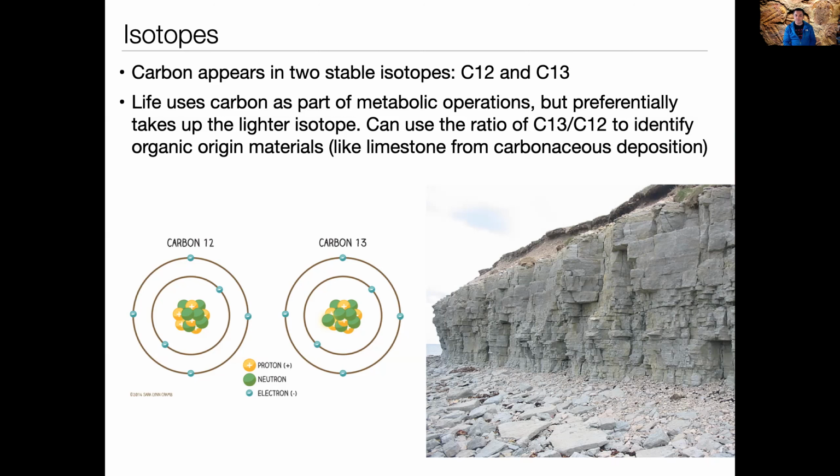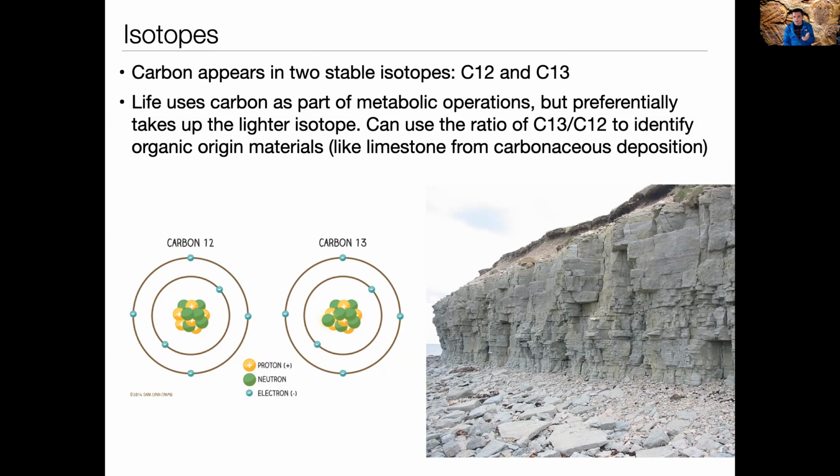So carbon-14 will slowly decay because of the extra neutron, but carbon-13 has one less neutron than carbon-14, and it's stable. Now life, when it's doing its life stuff, is gathering raw materials, gathering carbon, and building copies of itself, and it preferentially keeps the lighter carbon. When it's breaking up raw materials, if it can tell the difference between the heavy one and the light one, it preferentially keeps the light one.